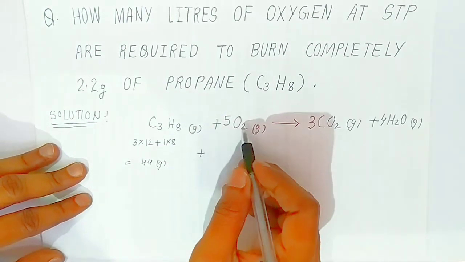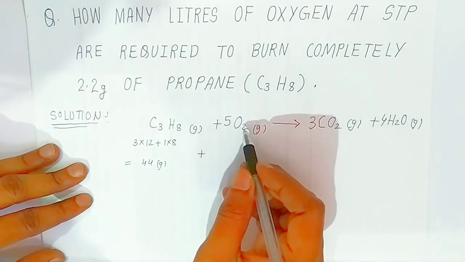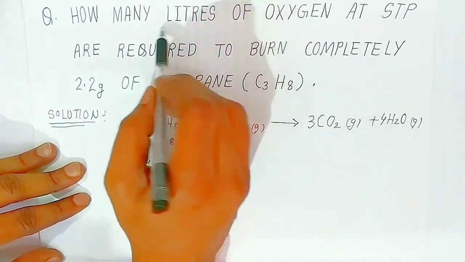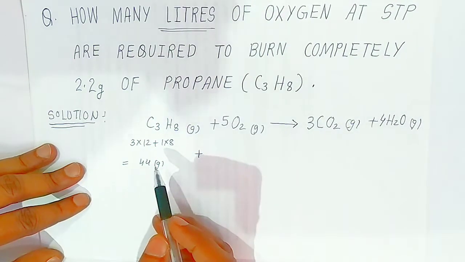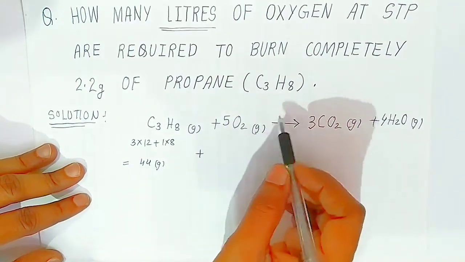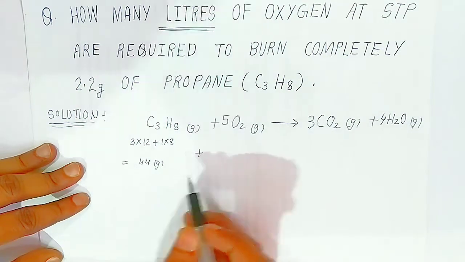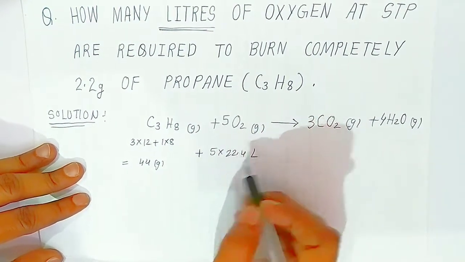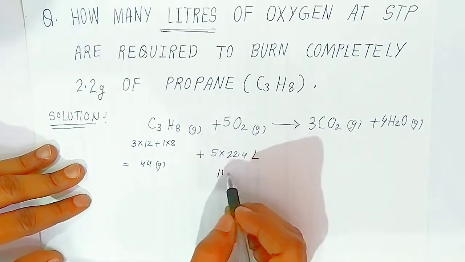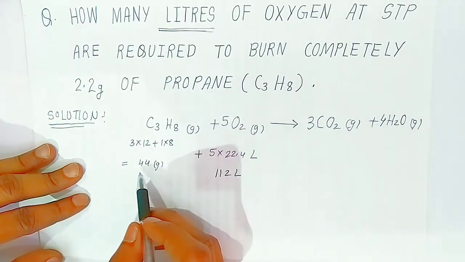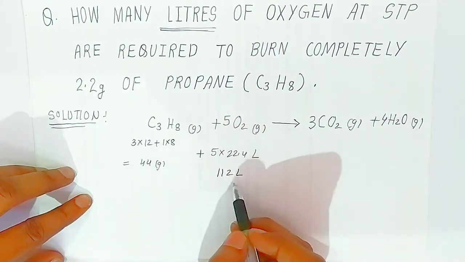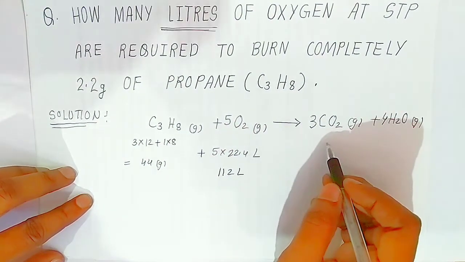Now students, the oxygen molecule is 32, but it is a gas, and because they are asking volume in liters, we have to multiply 5 into 22.4 liter, so it comes to 112 liter. So 44 gram of this propane gas requires 112 liter of oxygen, and it will produce carbon dioxide and water.